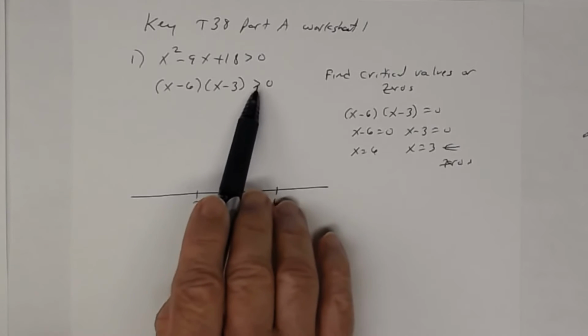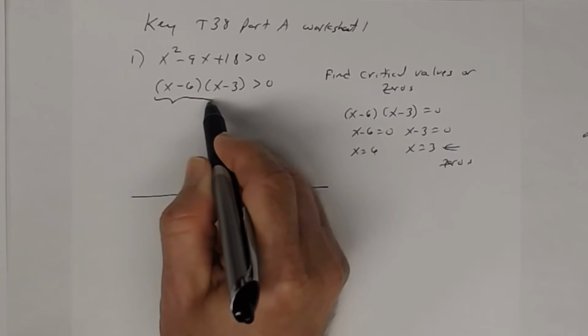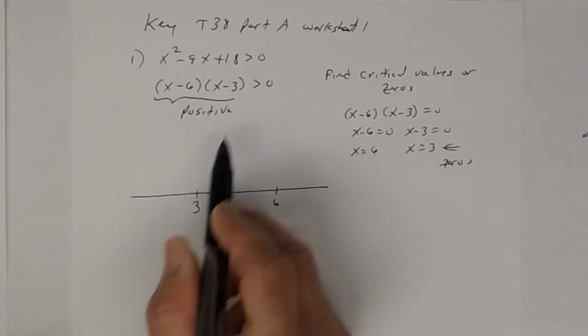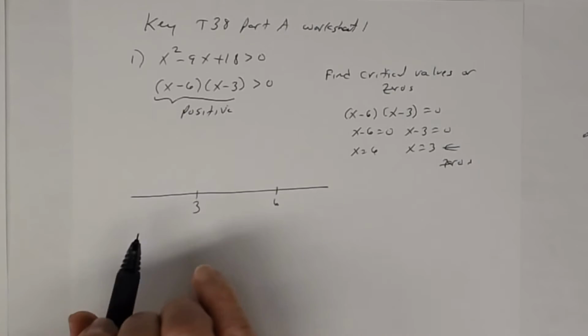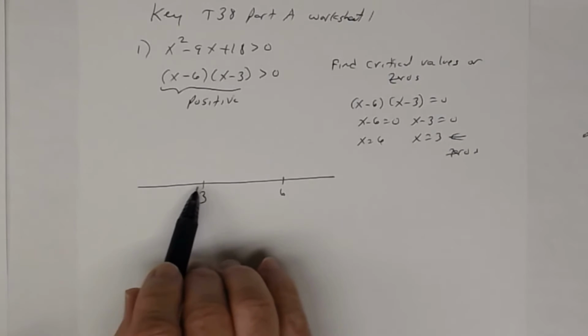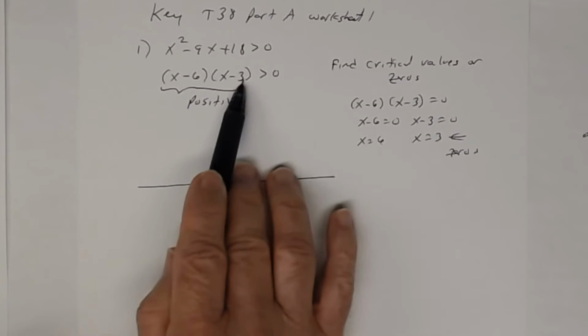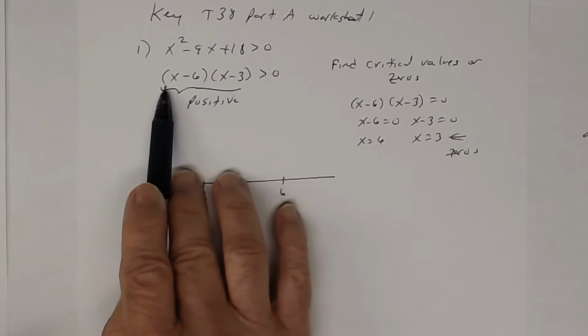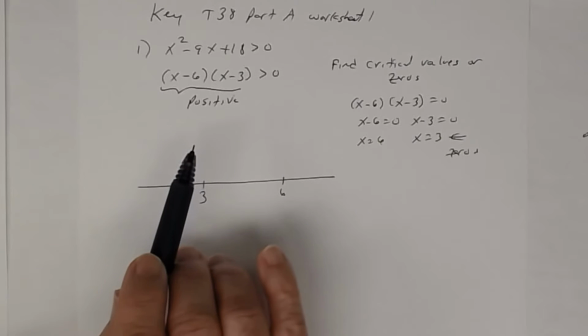Greater than 0 means you want this product to be positive. Any number greater than 0 is positive. So you have to determine which of those intervals will make this expression positive.